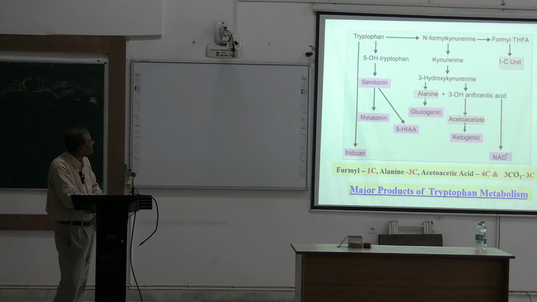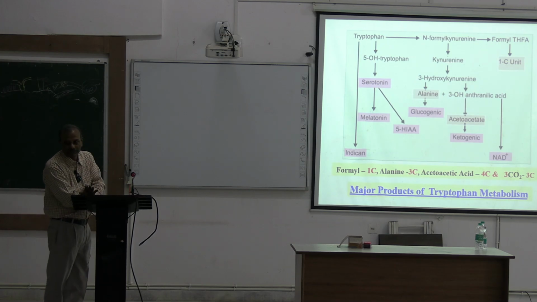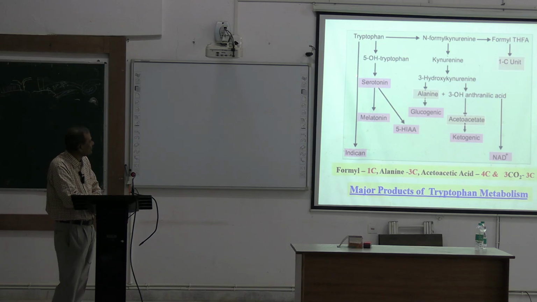In addition, tryptophan also participates in protein synthesis. So useful products from tryptophan are basically the formyl 1 carbon unit, serotonin, melatonin, alanine, acetoacetate.